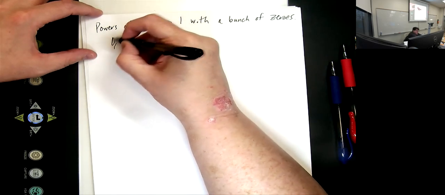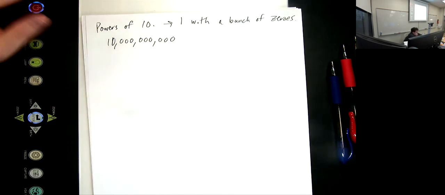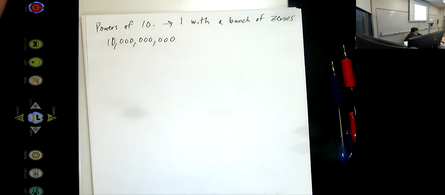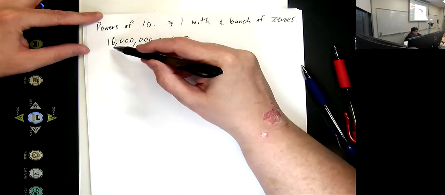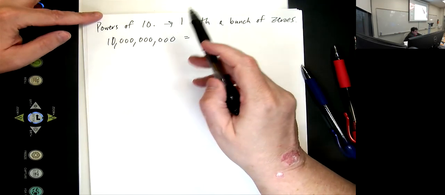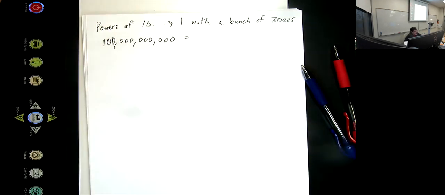Let's make that another 0 like that. That's 10 billion. This can also be written as you count the number of zeros. Let's add another 0. Let's make it 100 billion.